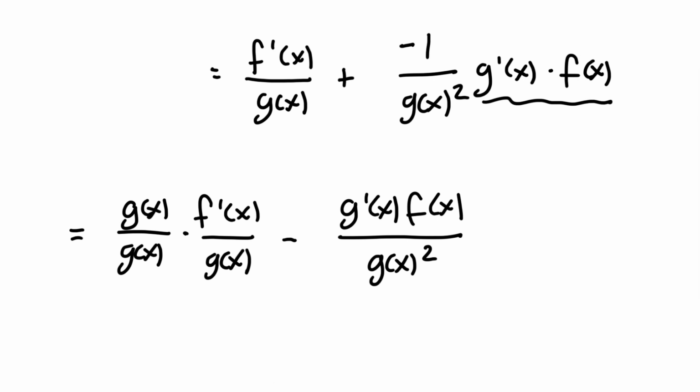So we'll multiply that. And by doing so, we can combine the bottom and just get g squared and keep the top up there. Sorry. G of x times f of x over g of x squared. And look at that, f prime g minus g prime f over g squared.